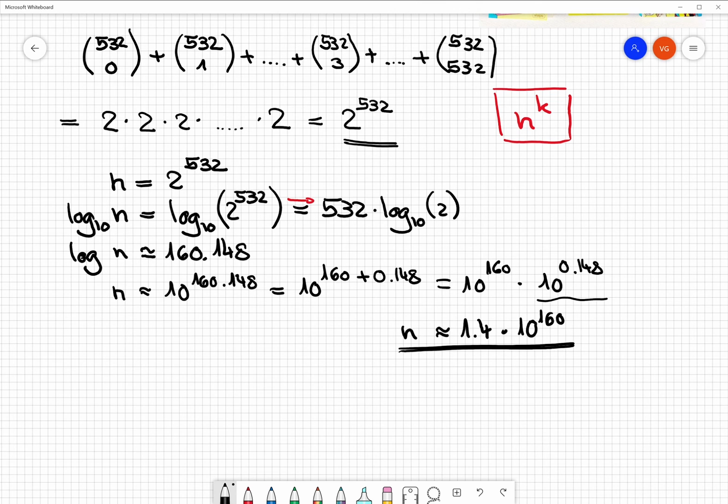Okay, and we have the number of options in scientific notation. All right. Now this was just on a sidetrack, okay? This is how you compute large numbers, large powers, using your calculator.